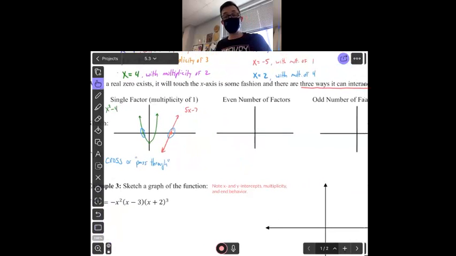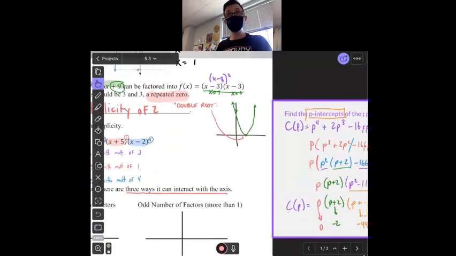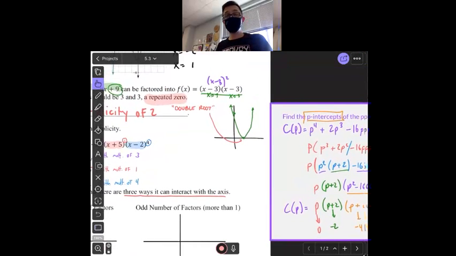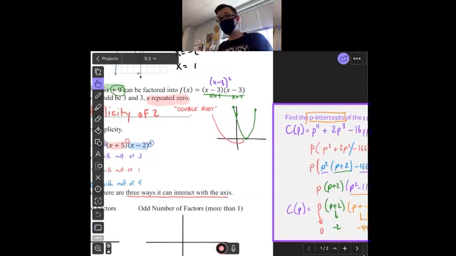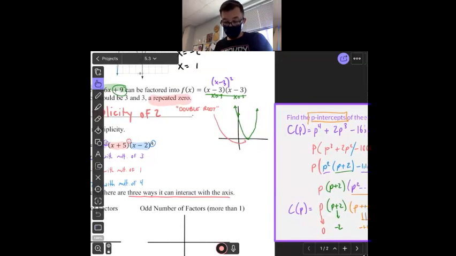Something we're a little bit less used to seeing happen, but we've seen happen, we just saw it up here: when there's an even multiplicity, we get that double root or a quadruple root or a sextuple root, whatever you want to call that.